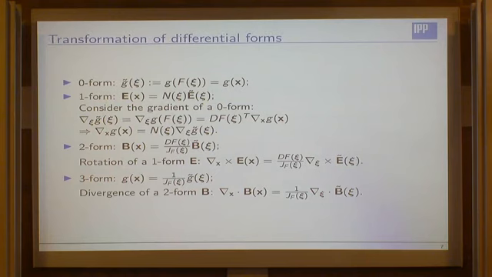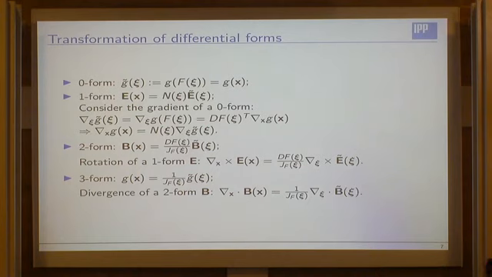Okay, now we have these differential forms, so we have to take care how we transform them. So for the zero form, the first space in the de Rham complex, these are scalar functions, and in this case, we just define the curvilinear version by putting in the coordinate transformation.